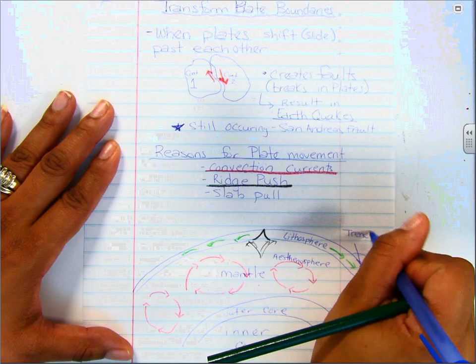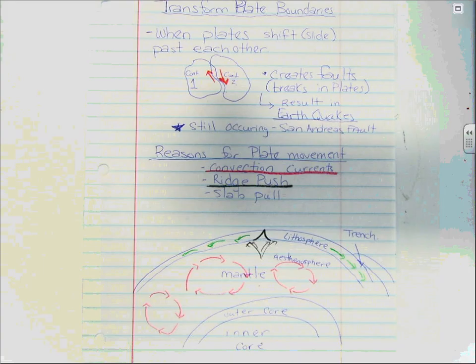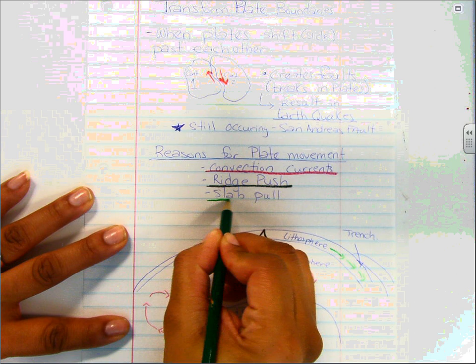And if you notice that part of the earth is being pulled in, because the two plates come together, so one part is being pulled under the other. Obviously, what would that be? Out of the three reasons, this is slab pull. The earth is being pulled under.